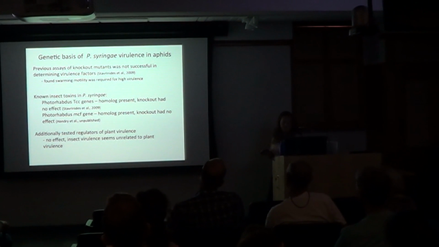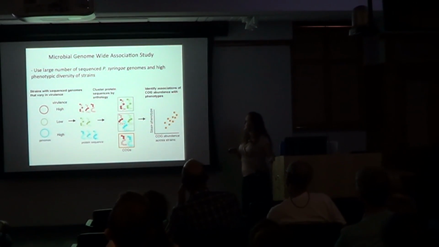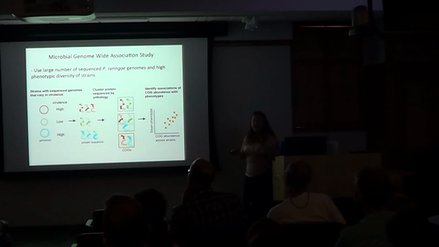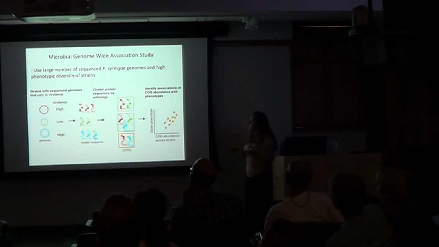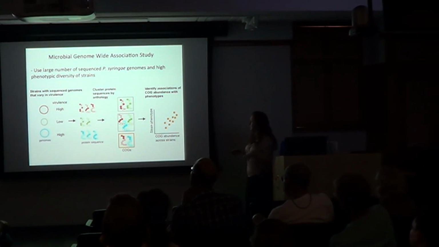Because these approaches weren't really working, I tried a different way of getting at this. In this case, using the fact that there are a large number of sequenced Syringae genomes and a lot of phenotypic variation between strains, to do a genome-wide association study. So the idea here is that you would have strains with sequenced genomes that vary in virulence, some that have high virulence and some that have low virulence.